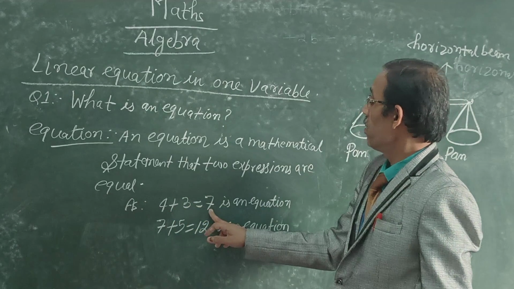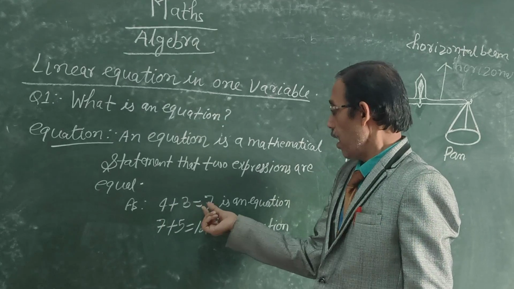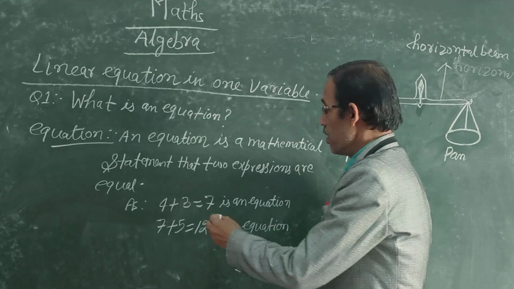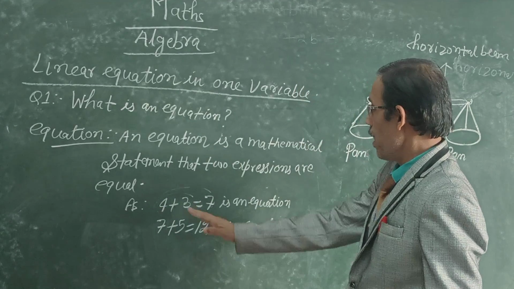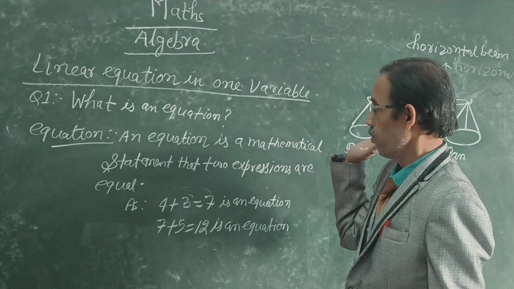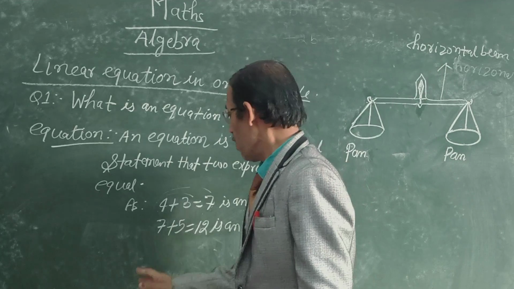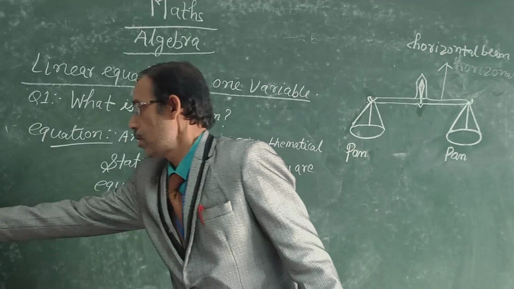In 4 plus 3 is equal to 7, 4 plus 3 is one expression and 7 is the other expression. These two expressions are equal to each other. So this is an equation. Okay? 7 plus 5 is equal to 12 is also an equation.